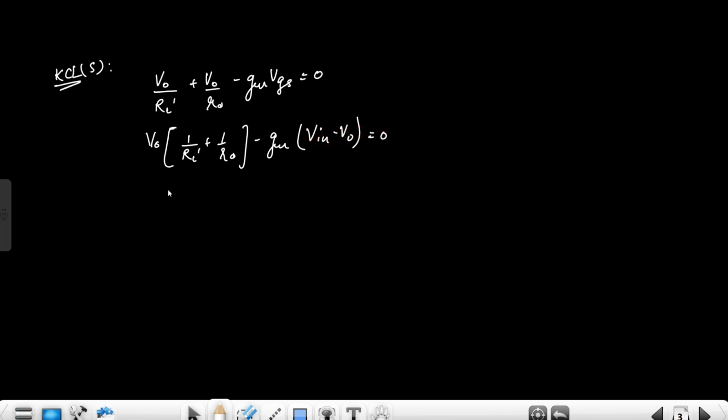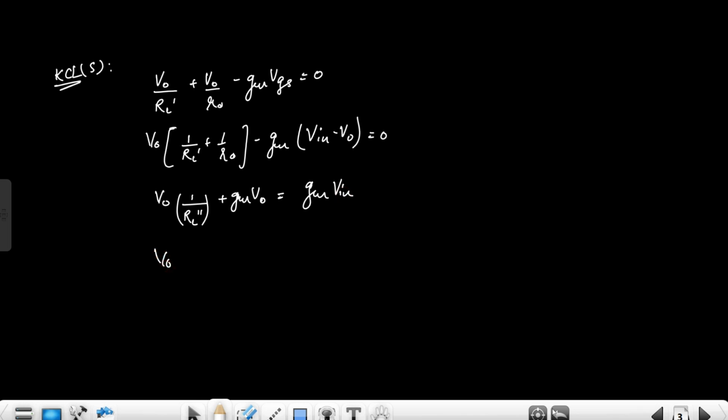This is again a parallel combination form, so we can write the equivalent resistance of these two parallel resistors as RL double dash, plus GM V naught is equal to GM VIN, right?